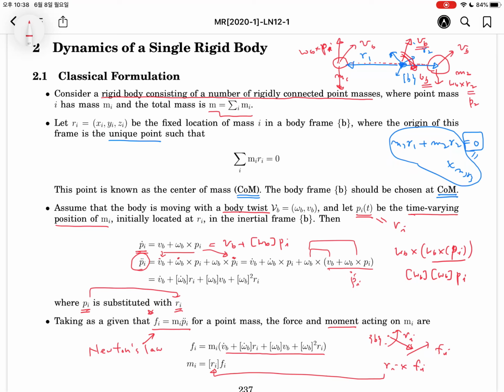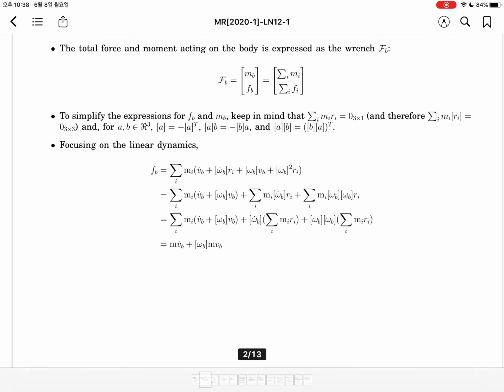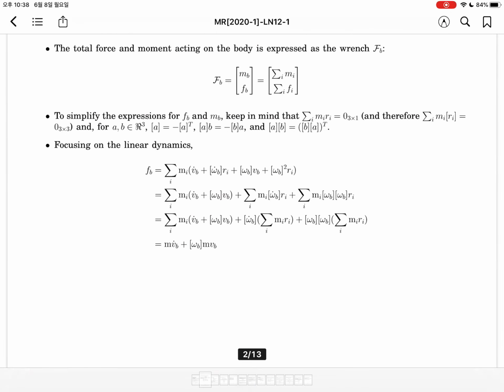Okay, like this, we can write down the force and moment acting on each mass. Okay, by collecting every force and moment, we can make the length.